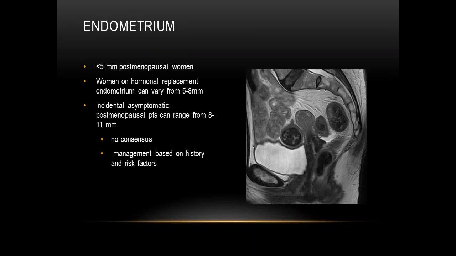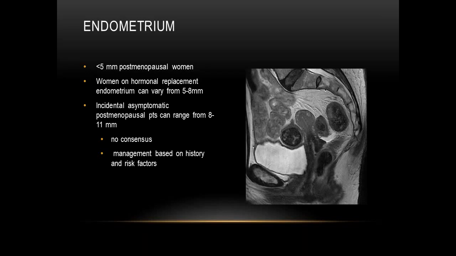If an endometrium is just incidentally identified on ultrasound, MRI, etc., for different reasons, it can vary from 8 to 11 millimeters. There is no true consensus among radiologists of what we consider normal. We would like to see it less than 8 to 11 millimeters.